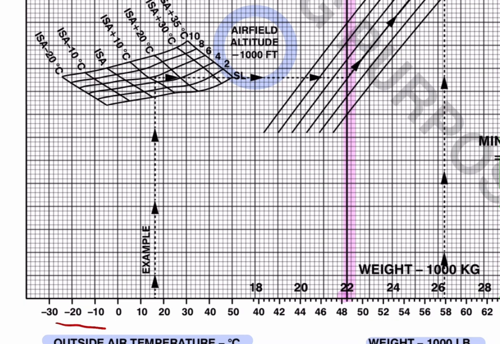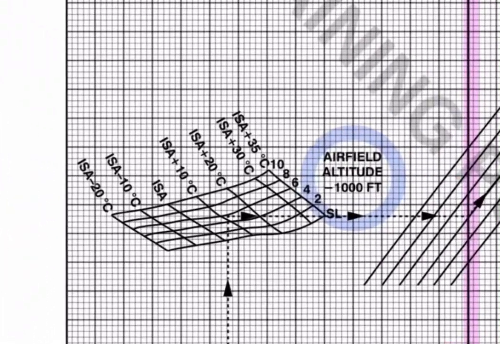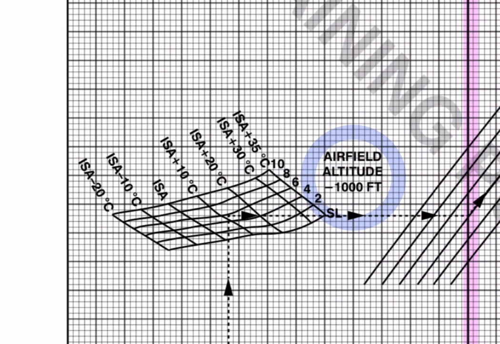Notice that you have negatives on the left and then positives on the right. So 25 degrees Celsius is about here. And then let's take a look at this graph inside the graph real quick. I just want to point something out.